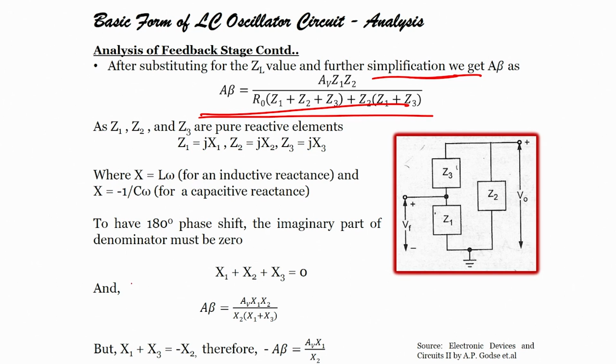Now, here Z1, Z2 and Z3 are what? Reactive components, because they are either L or they are C. That means they are reactive elements, right.